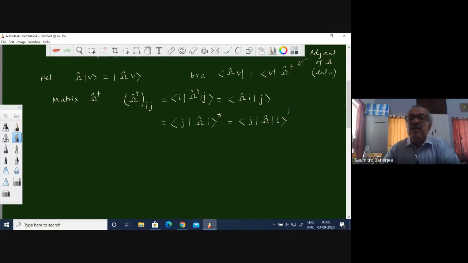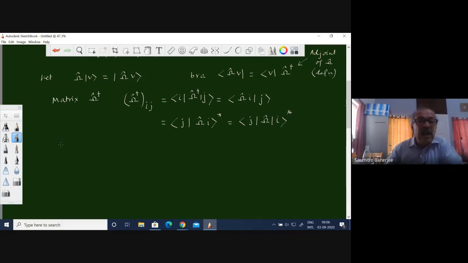Now notice, we started with trying to find the ijth element of the adjoint. What we have ended up with is the jith element of the original matrix, whose adjoint we are trying to find, and then we have to conjugate.